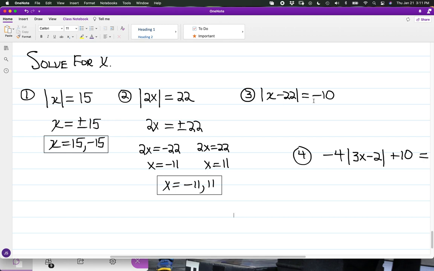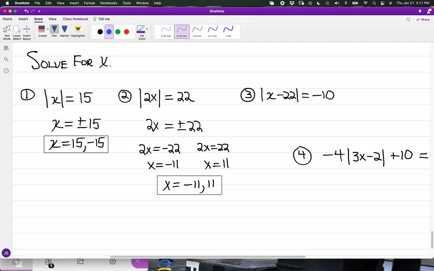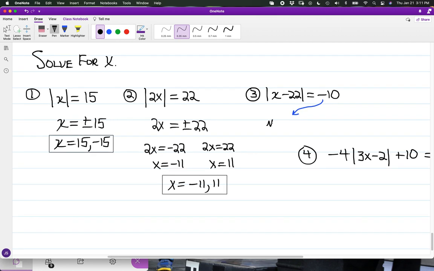However, k is supposed to be a non-negative value. If we had a positive 10 instead, we would have had sets of values for x in the solution. But because of the negative sign, k cannot be negative, so we have no solution.